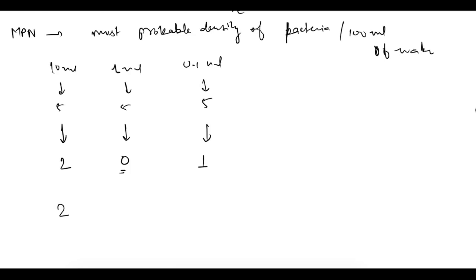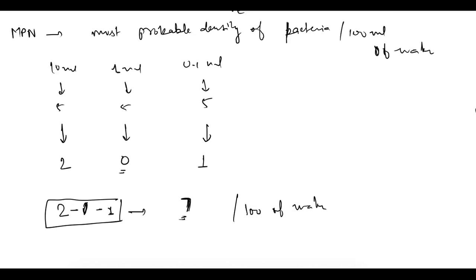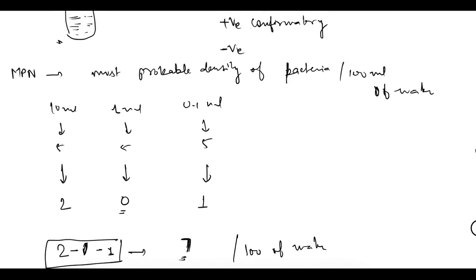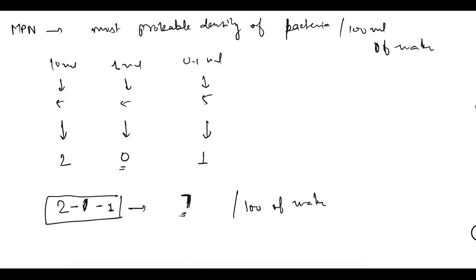So for this combination 2, 0, 1, standard results are there. So you can read this combination from a table and you can obtain the most probable number. For this combination, you can see from the table, it is 7. That will be 7 coliform per 100 ml of water. So that is if it is asked for 10 ml, 1 ml and 0.1 ml dilution.